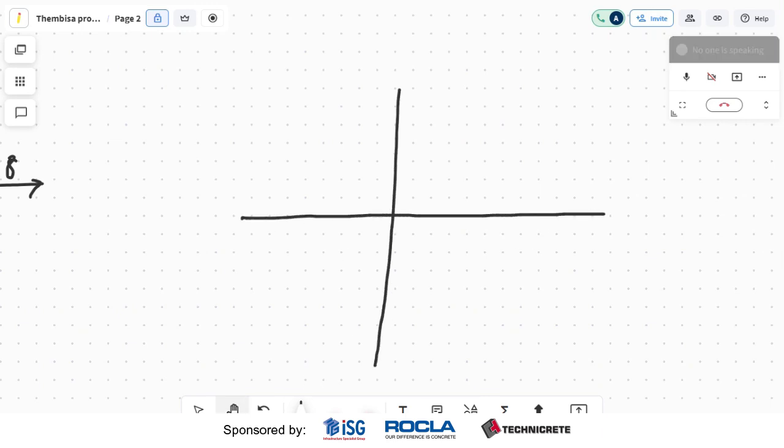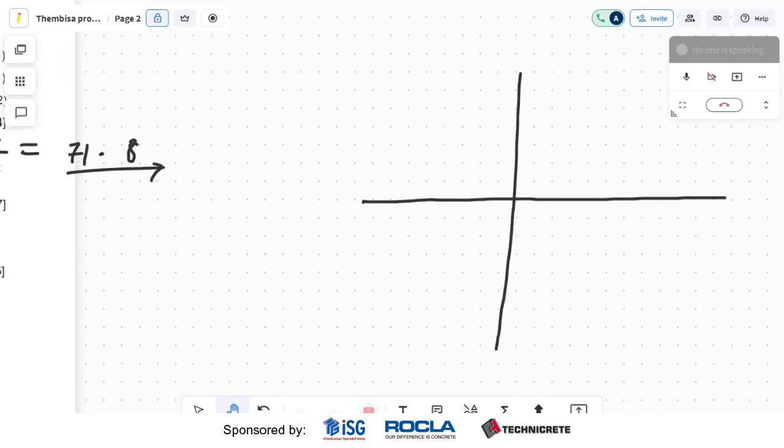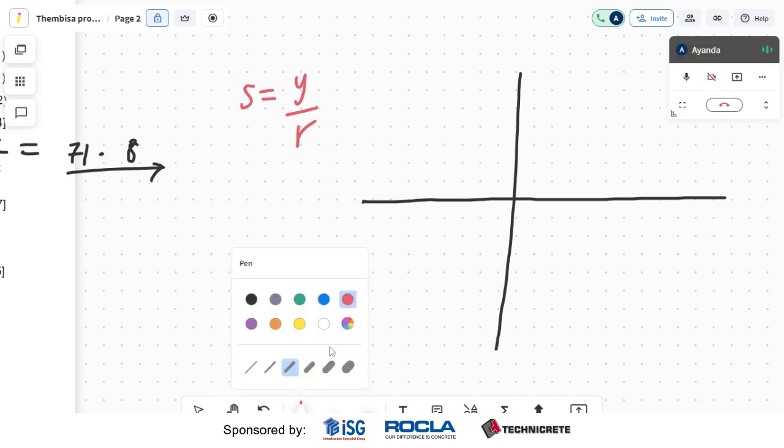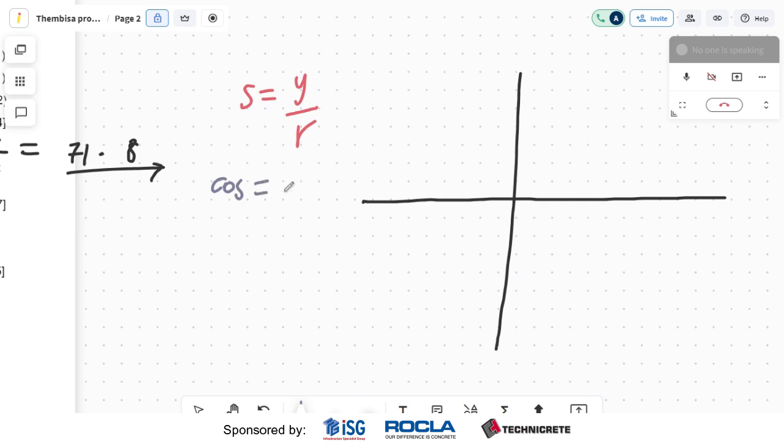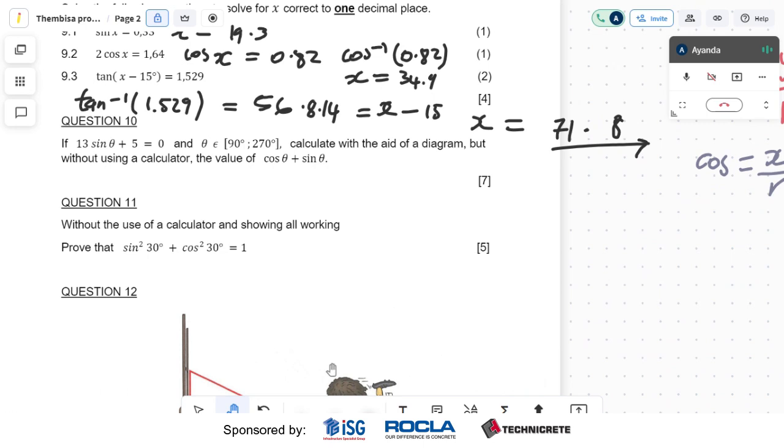We know that sine is given by y over r, and we know that cos is x over r. Now looking at the information we've been given, 13 sine theta plus 5 is equal to 0.